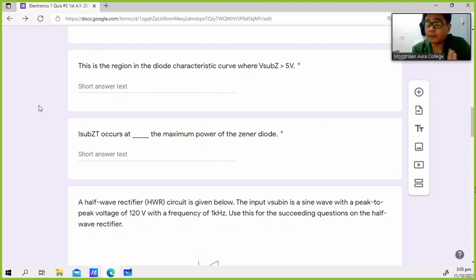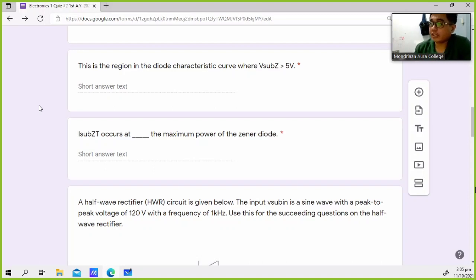Kapag greater than 5 volts, so for example, ang ina-apply natin is let's say negative 10 volts. No? Tapos nag-conduct na siya sa negative 10 volts, it's called the avalanche region. Wherein most of the Zener diodes kasi, meron tayong below 5 volts. No? We call that the Zener region if it is below 5 or negative 5 volts.